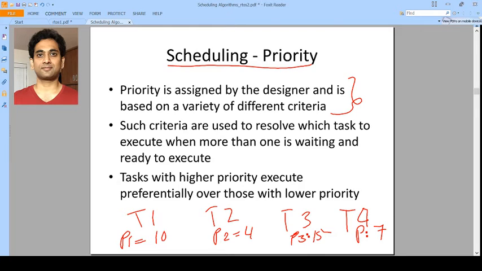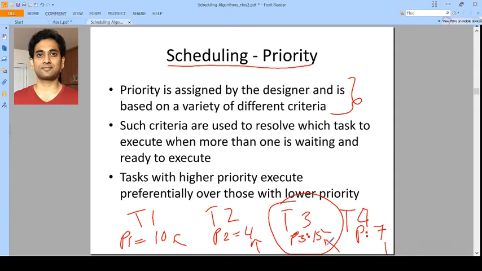Now, scheduling can be based on priority assigned by the designer. So these values 10, 4, 15 and 7 are assigned by the designer of the application. The designer of an application has the clearest understanding of which task is critical and which task has lower priority, which task needs precedence, and which task has lower precedence.